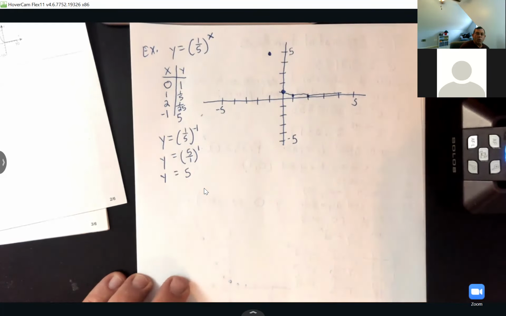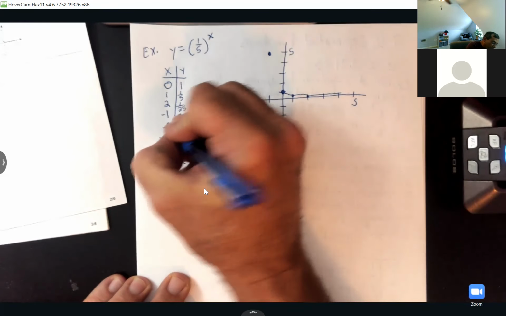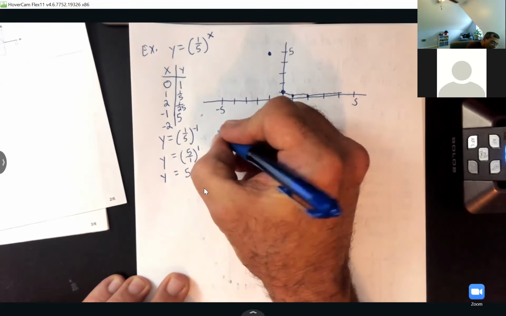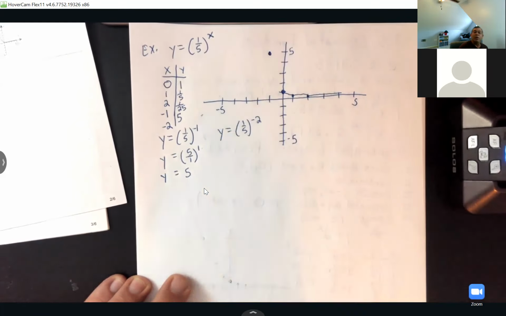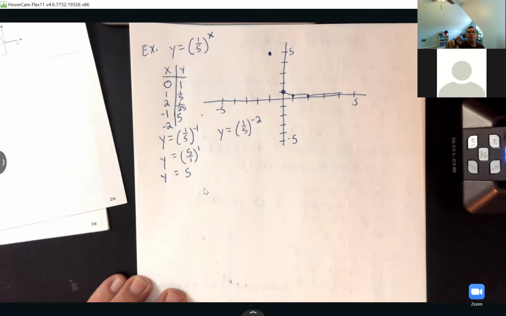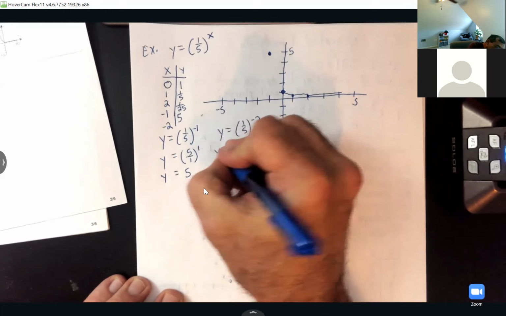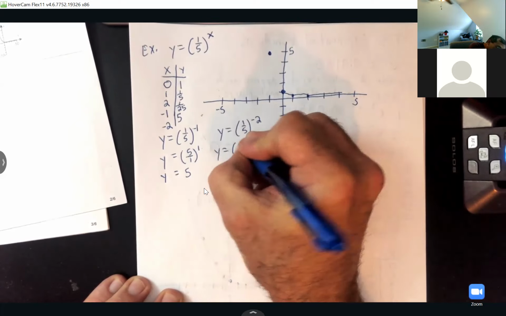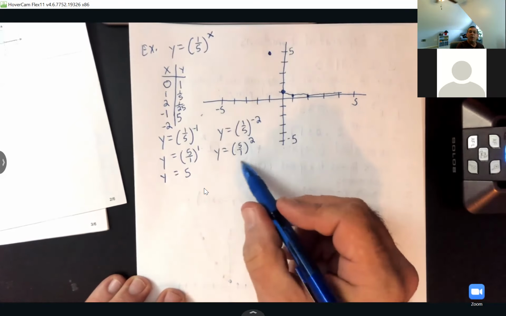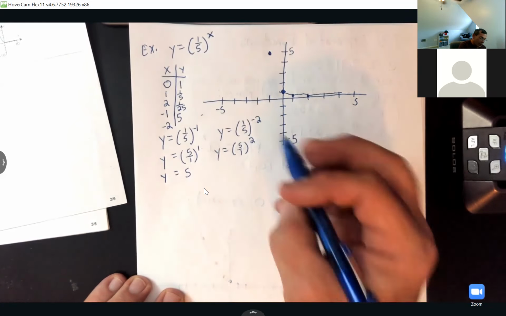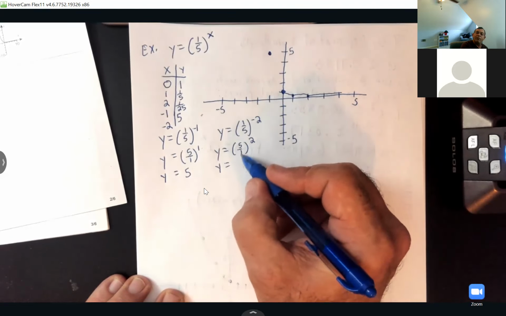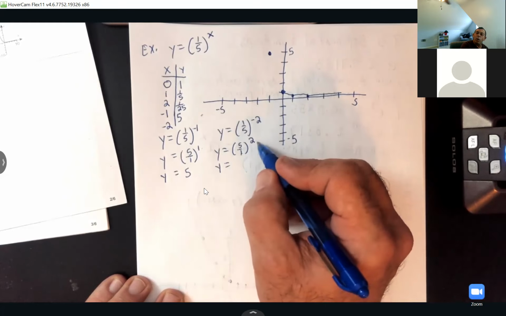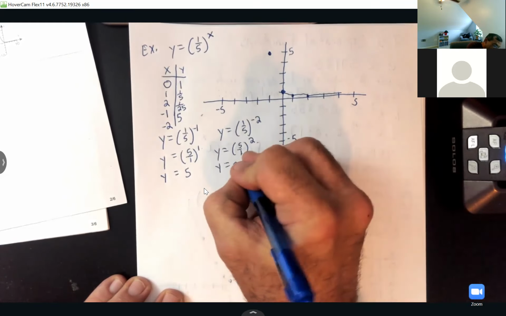So I'll show you one more on that. If this was a -2, what would happen? So that would be y equals 1/5 to the -2. All right, make the exponent positive by flipping the fraction and changing the exponent to a positive 2 now. So basically now what we got, 5 over 1 is 5, and 5 squared gives you 25.